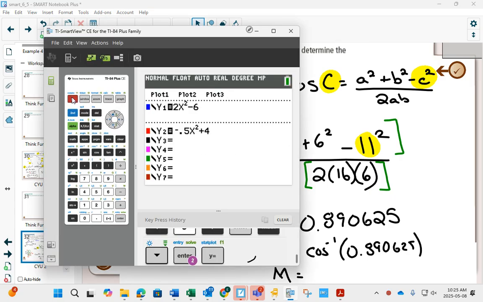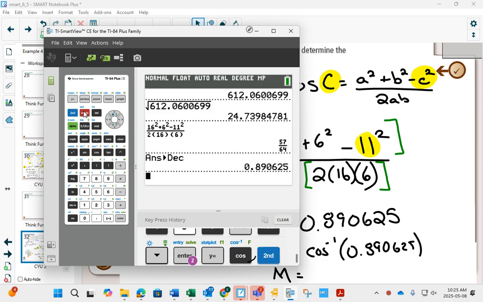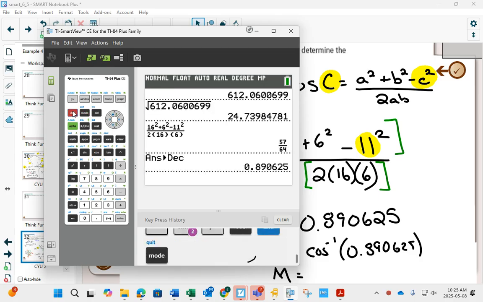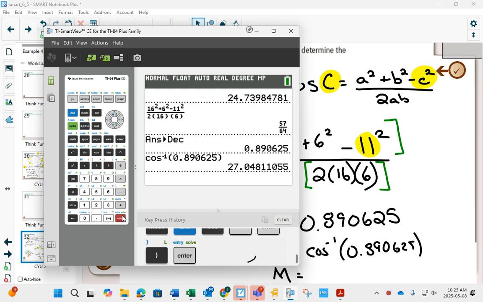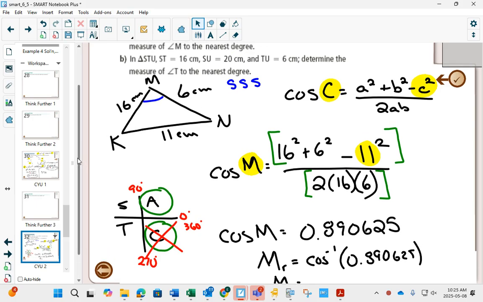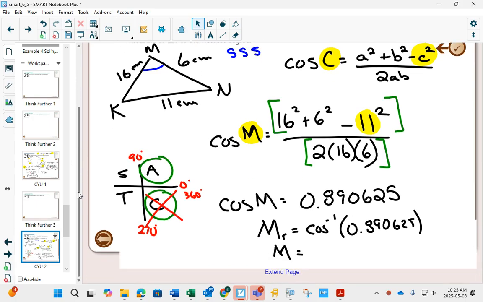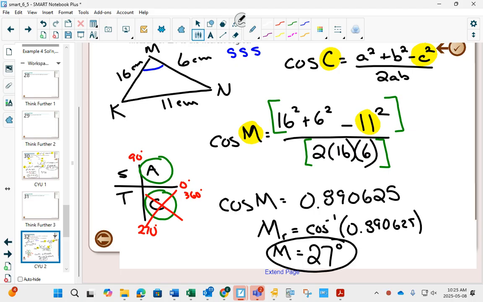I'm going to go second cos inverse, and I'm going to take this answer, 27.048. What were we asked to round to? To the nearest degree. So I didn't have to also find 333 degrees.